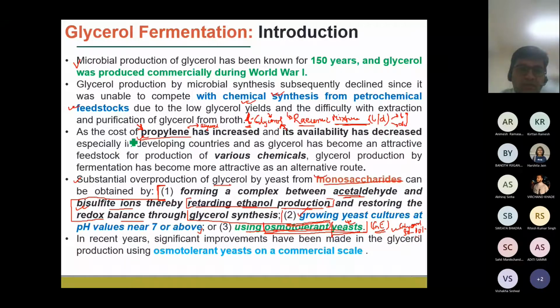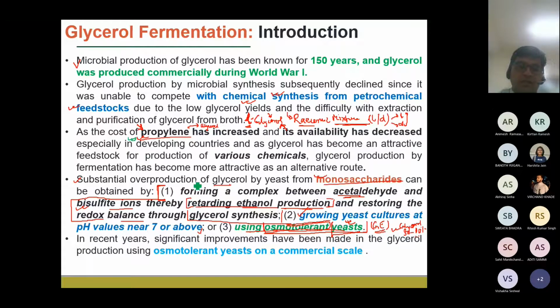However, as we know, the petroleum feedstock and the cost of the petroleum feedstock and all those derivatives are increasing day by day. Therefore, there is a shift in the tendency to use the microbial routes or fermentation routes for the production of glycerol.